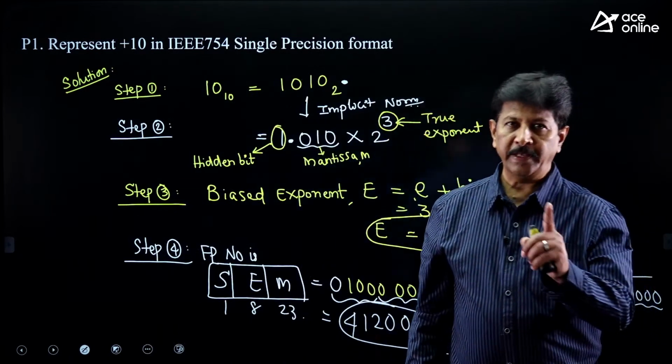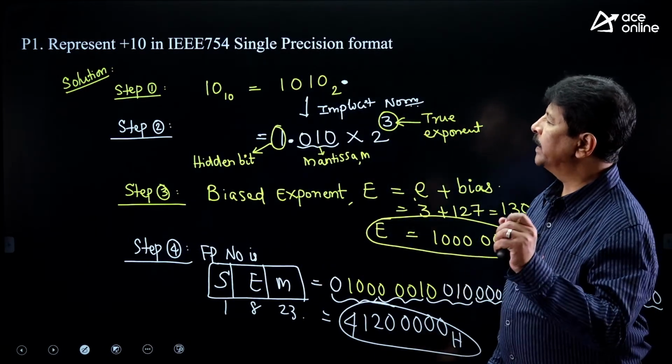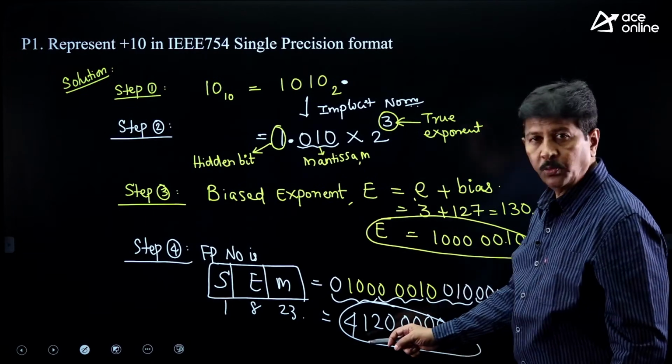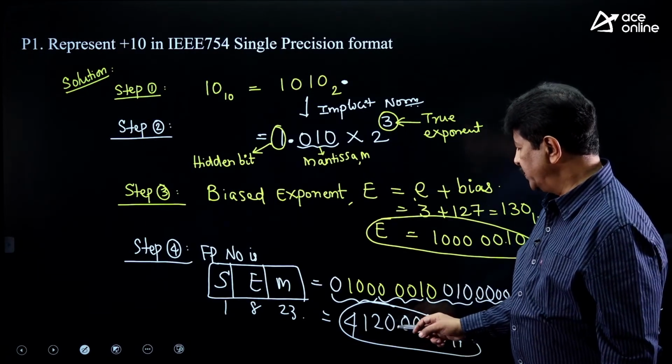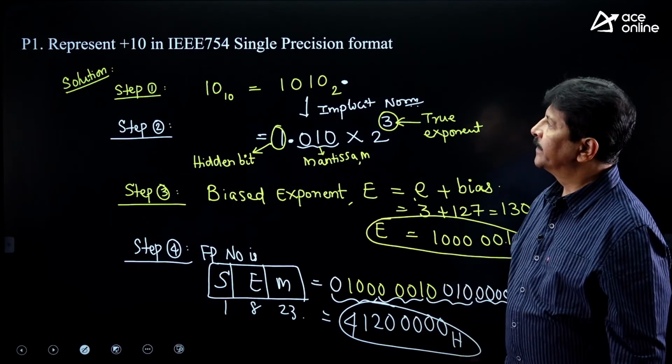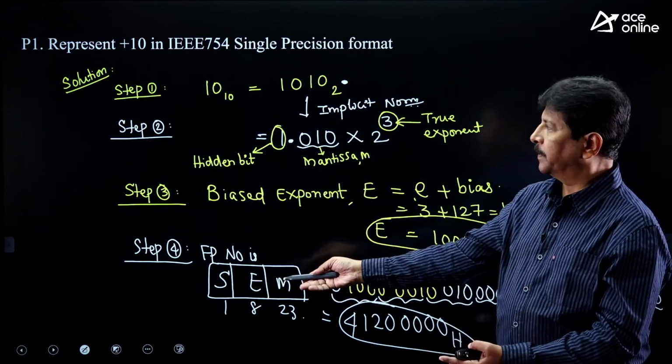So a decimal value of 10 in IEEE 754 single precision format will be shown with this value, 41200000H.